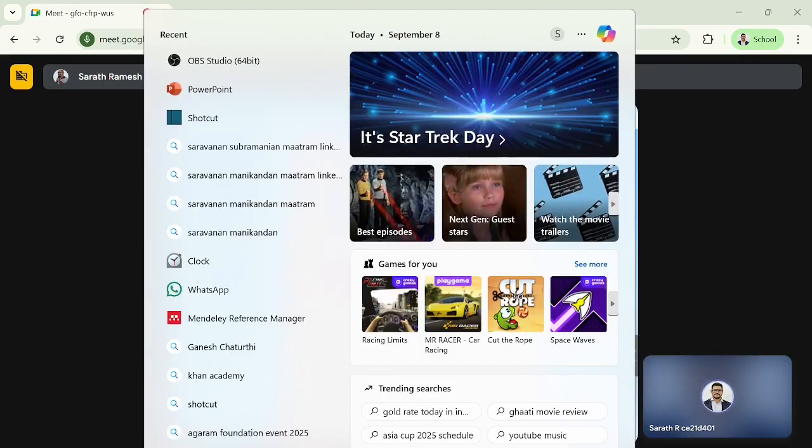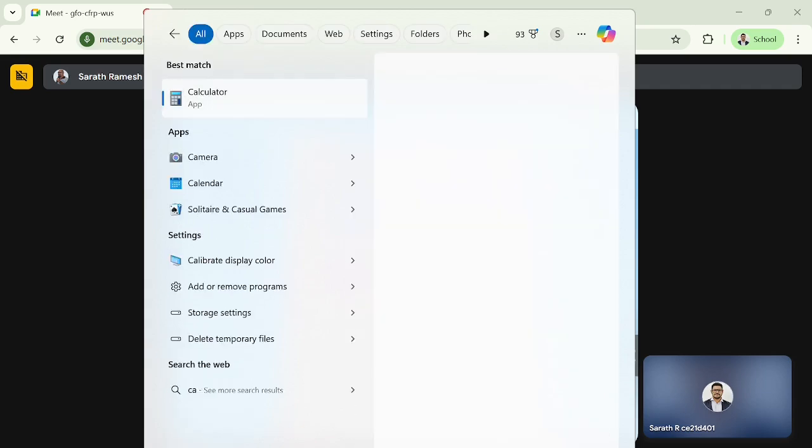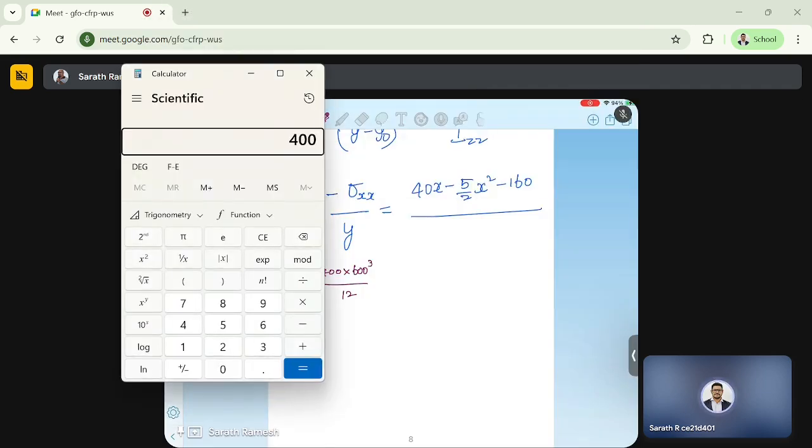Let me use a calculator. That is 7.2 into 10 to the power 9 mm to the power 4.